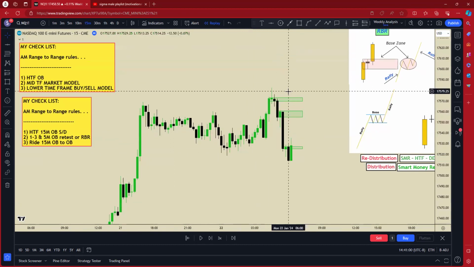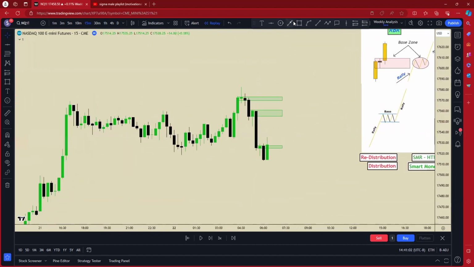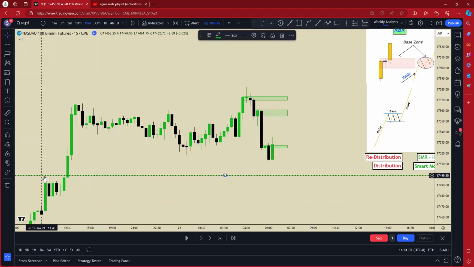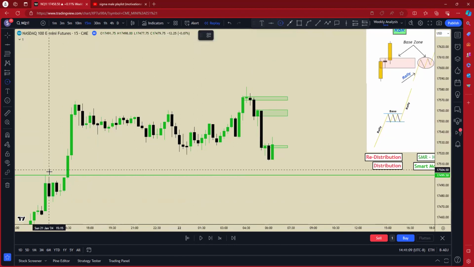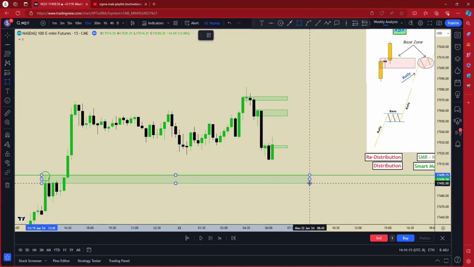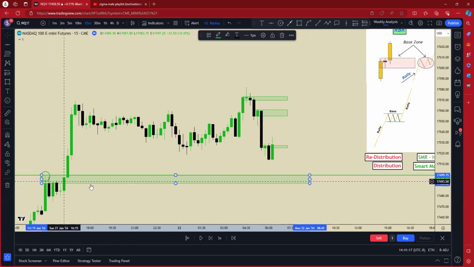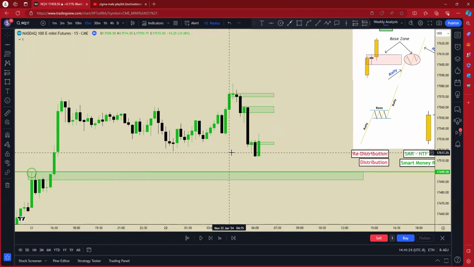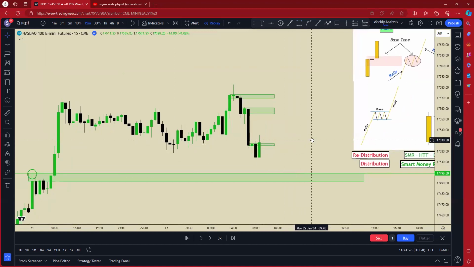Now we're looking for any kind of liquidity or buying areas. So we have a previous high over here, which we can target, and that will have a buying section. So what we can do is just grab the top of the wick to all the bodies here. Bring that over. So when we come back here, we can look for a buying opportunity. But it's a good area if they wanted to drop it and pop it.